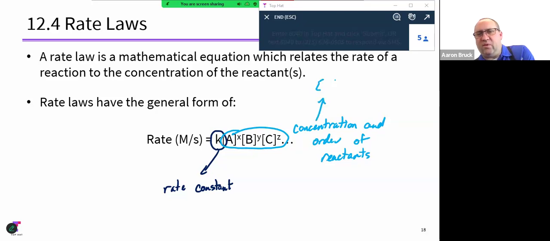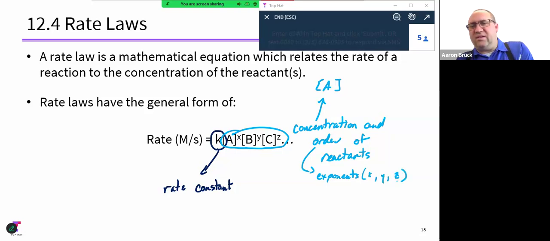Concentration given to us by the value in brackets, order given to us by the exponents that go along with those concentrations.